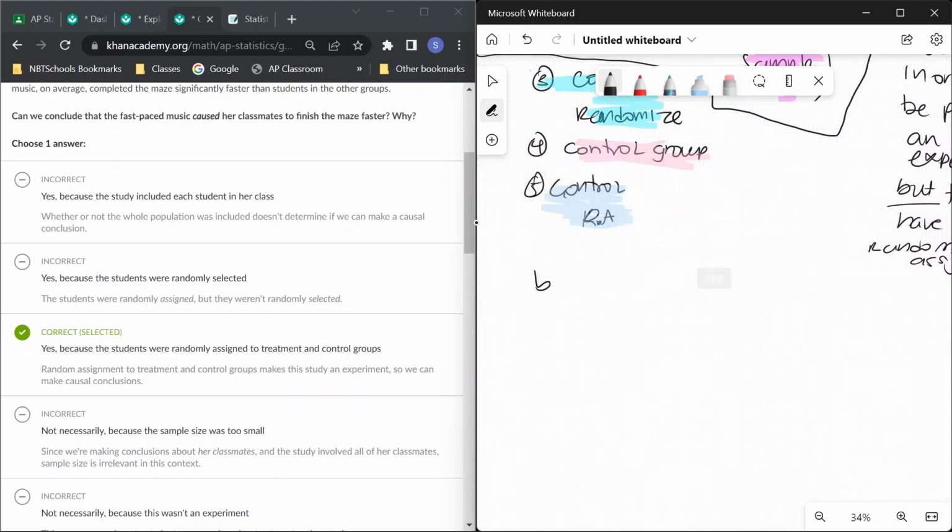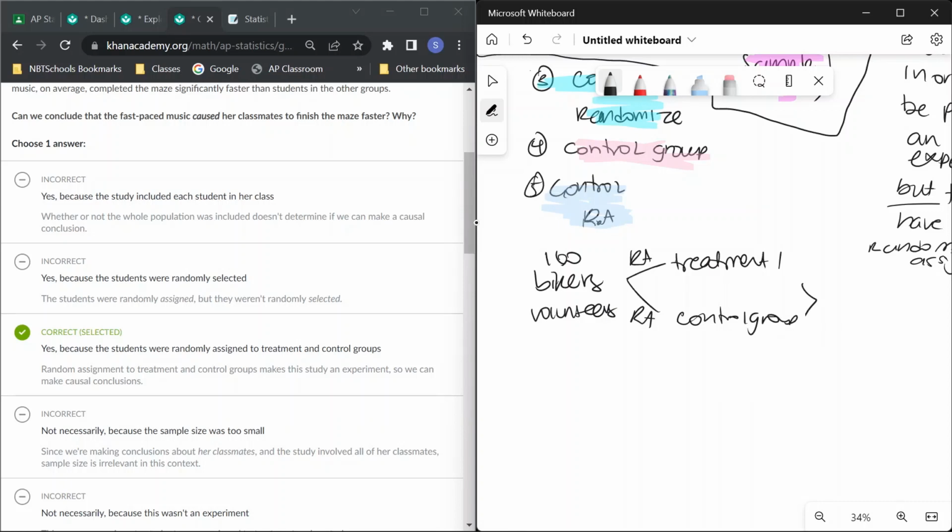Or my thoughts together. Okay, let's say we have 100 bikers, and they were volunteers. So they weren't randomly selected, but they were randomly assigned to treatment. So treatment 1, and then the control group. And then we compare results. Let's say 50 bikers were assigned to treatment 1 and the rest were assigned to the control group.